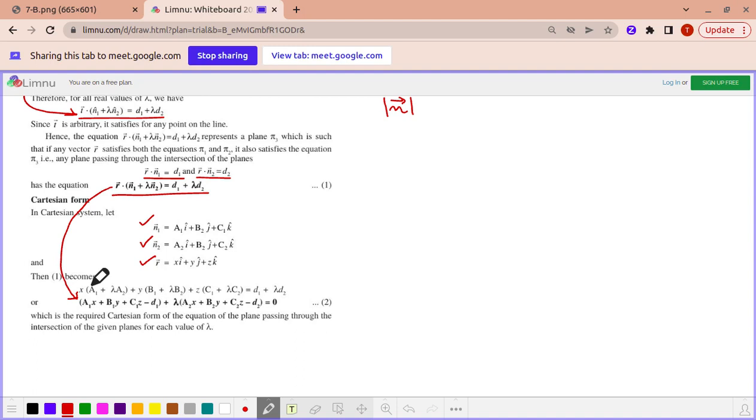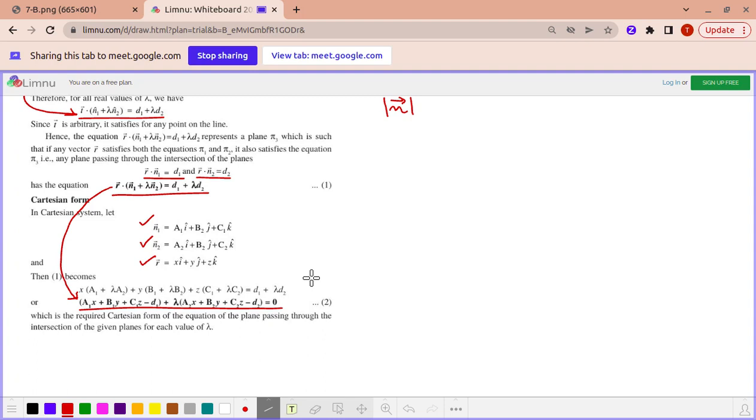So I repeat once more: the equation of a plane passing through the intersection of the two given planes a1x plus b1y plus c1z equal to d1 and a2x plus b2y plus c2z equal to d2 has the Cartesian equation a1x plus b1y plus c1z minus d1 plus lambda into a2x plus b2y plus c2z minus d2 equal to 0.